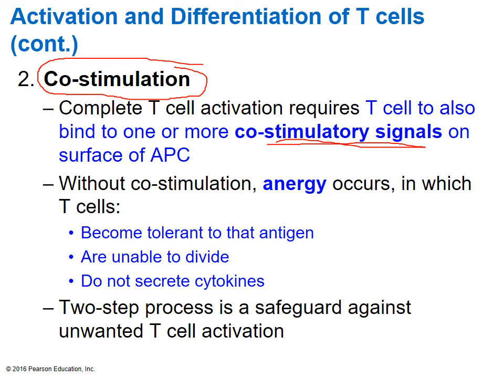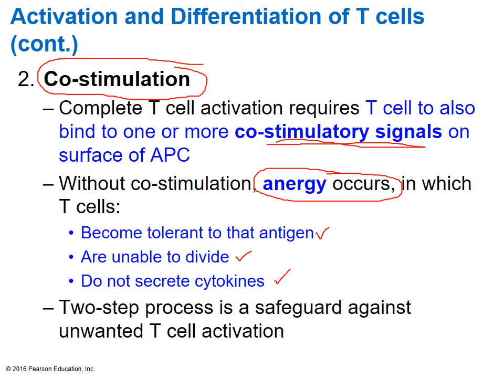This is extremely important because it turns out that if we don't have co-stimulation, you can have anergy, which basically means that your immune cells can become tolerant to an antigen, so they're not able to divide and they're not able to secrete cytokines.